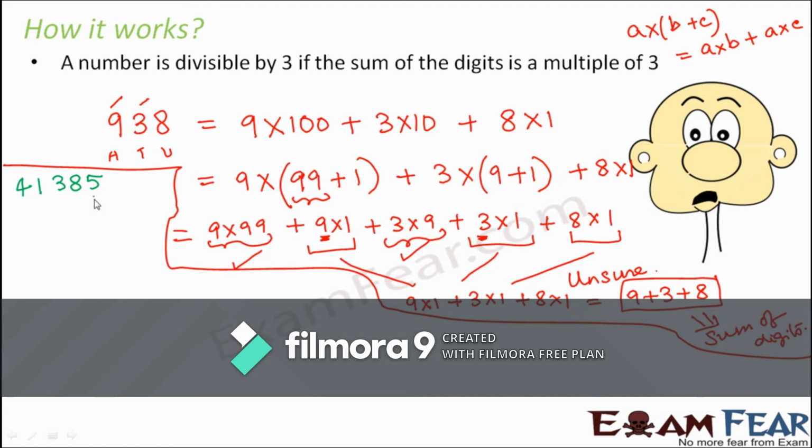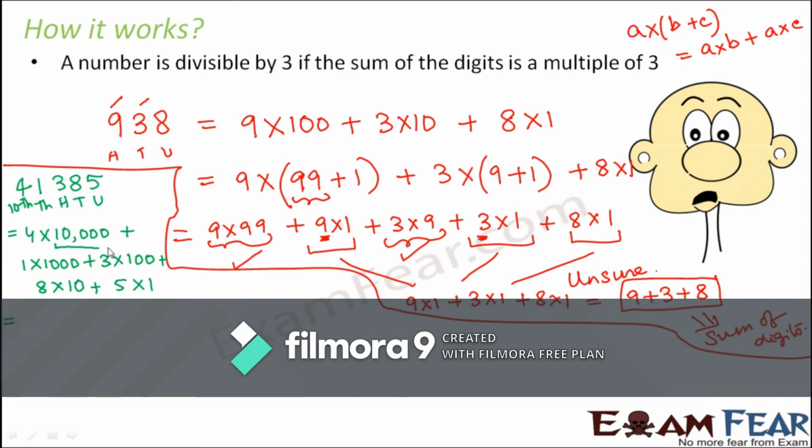In this case, this is the units place, tens place, hundreds place, thousands place, and this is at the 10,000s place. So how can we expand this number? This number can be expanded like this: 4 into 10,000 plus 1 into 1000 plus 3 into 100 plus 8 into 10 plus 5 into 1. So this is how we can expand this number.